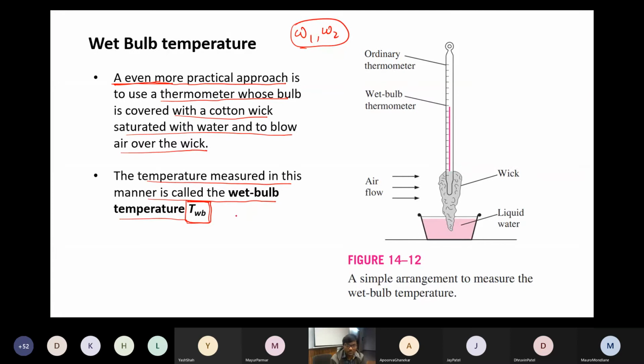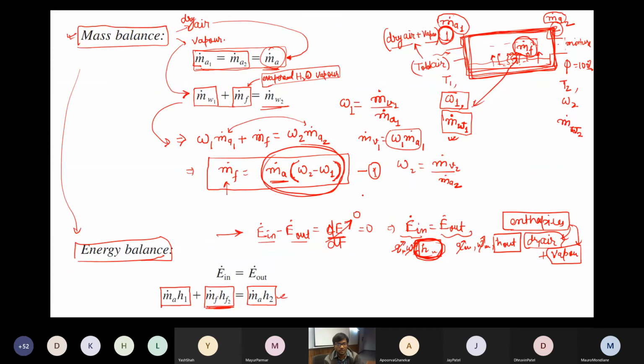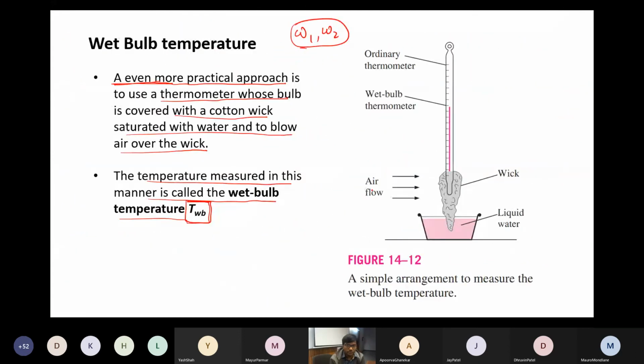Now this is a similar process. We have done so many calculations, but even without doing this, we can use something simple. You take a simple thermometer, and whatever temperature it reads at normal condition is called dry bulb temperature.